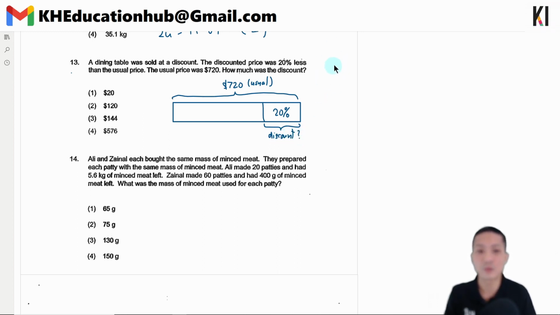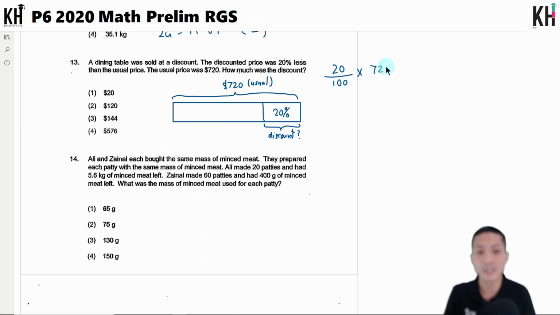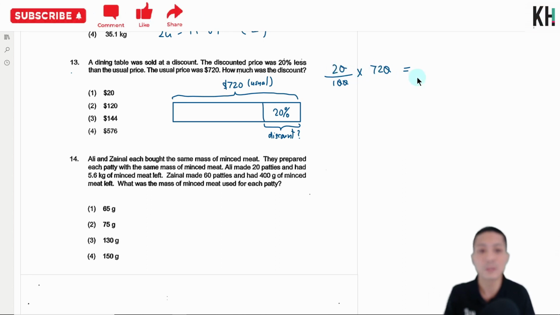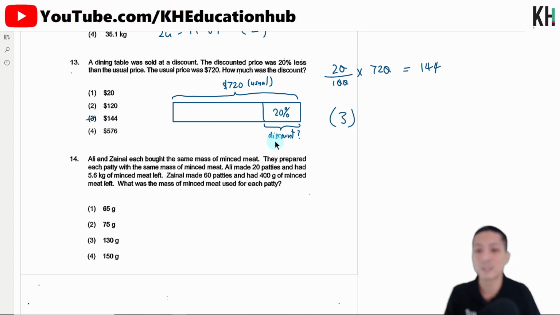Very straightforward. I'm going to find what's 20% off $720. So do your reducing, cancel the 0, and then you just have to do 72 times 2, which will give you 144. So the discount will be number 3, $144.